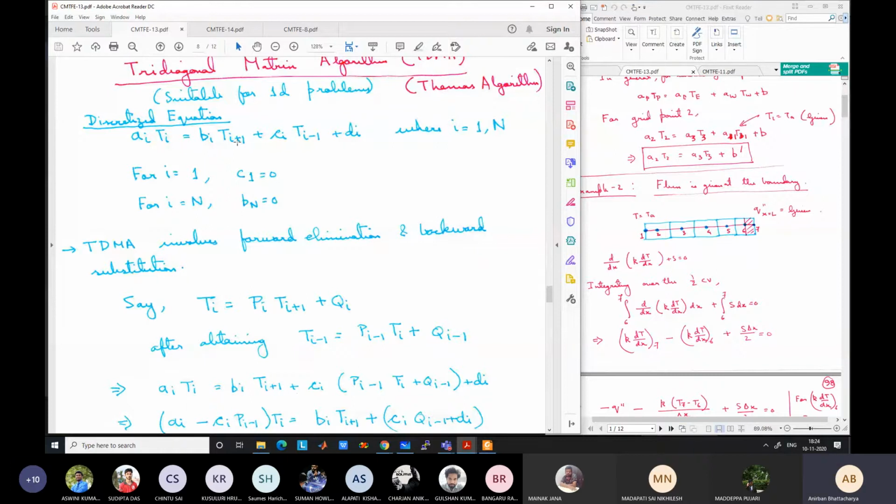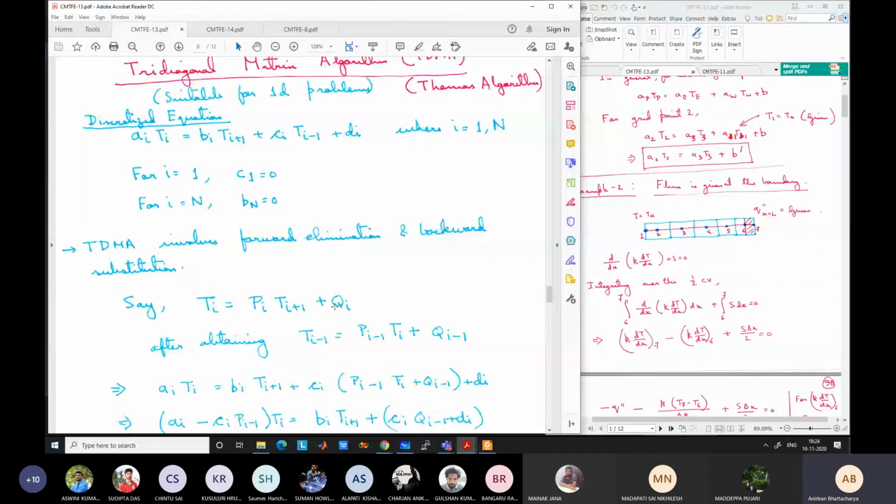Somehow from these equations, by elimination, say it is possible to bring the equations to this form where the i-1 terms are not present. Only the i+1 terms are present for the ith temperature value. Why do we want to write in this form? Because we will see that by writing in this form, the calculation becomes very easy. We can proceed line by line, step by step.